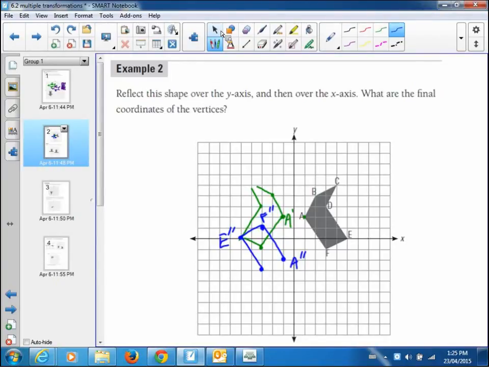Okay. That is going to be called my D double prime. Then, I accidentally erased this one. I was erasing letters. Okay, there's where my C is.